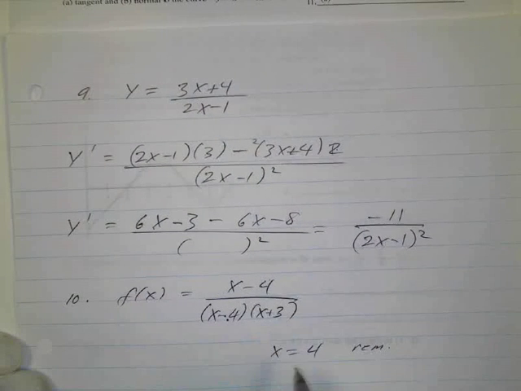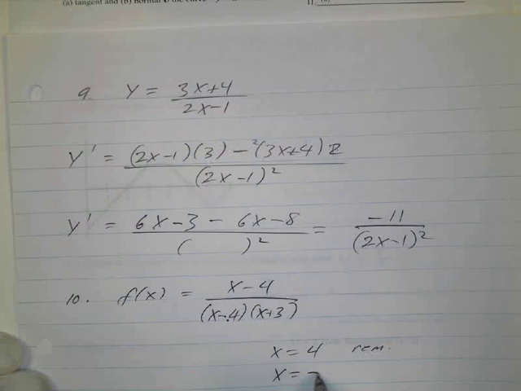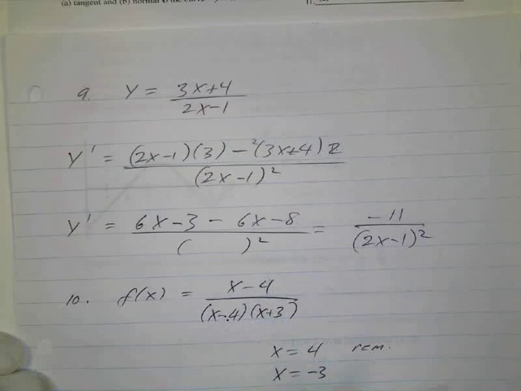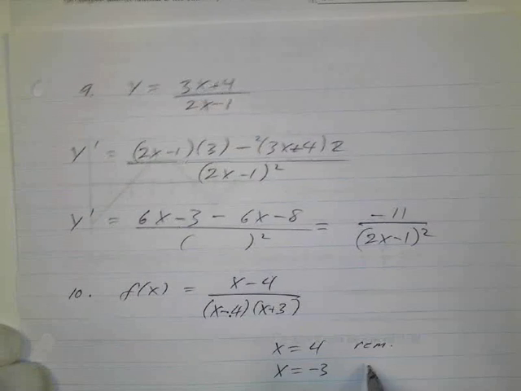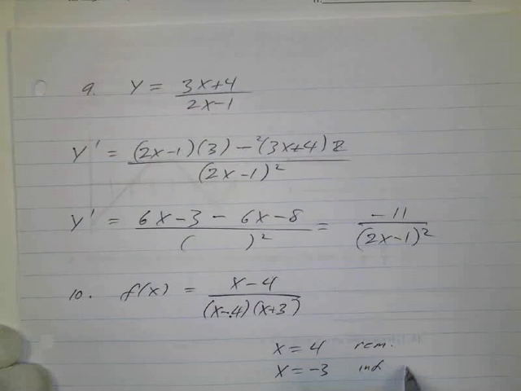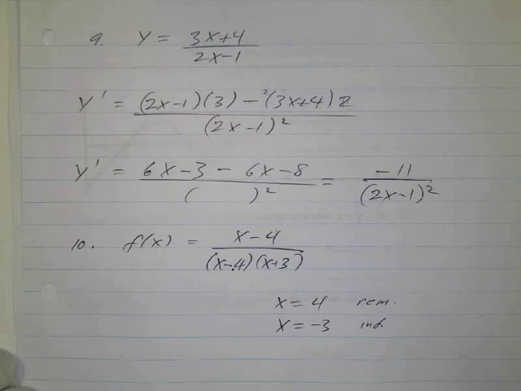And at x equals negative 3, that makes the denominator 0, so I have an infinite discontinuity, or an asymptote. So in each case, I've got discontinuities.